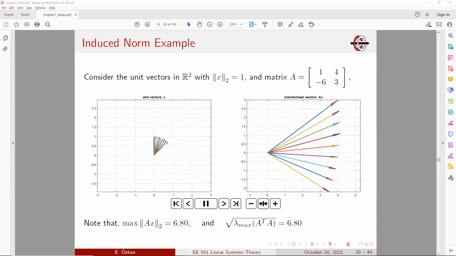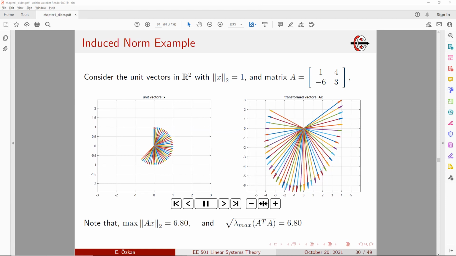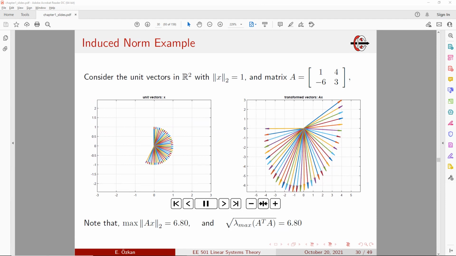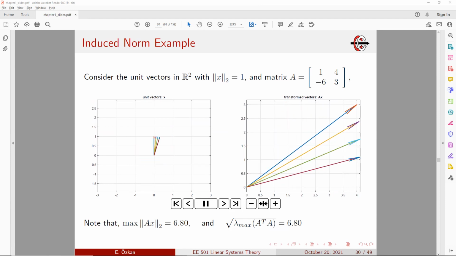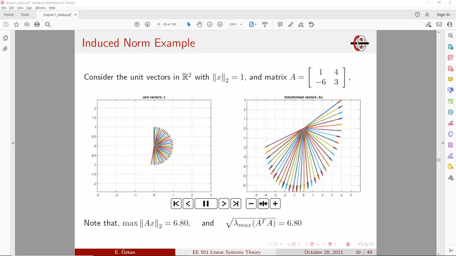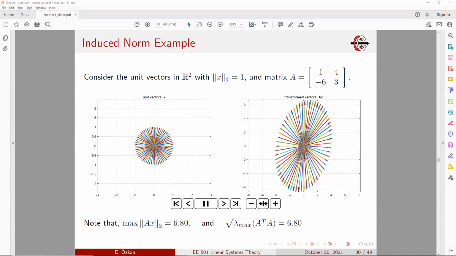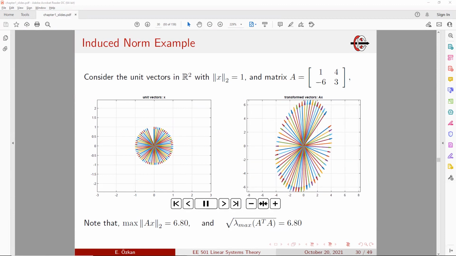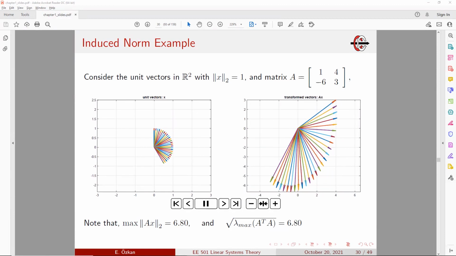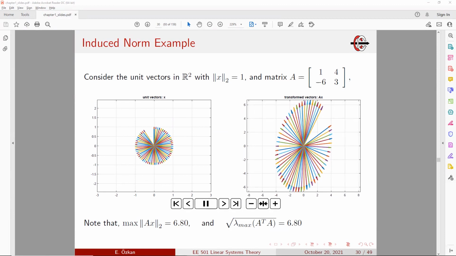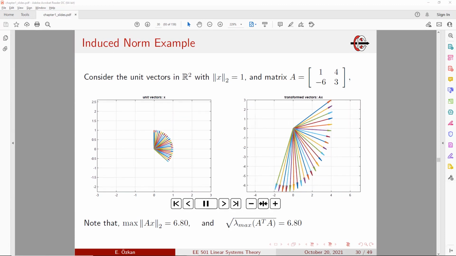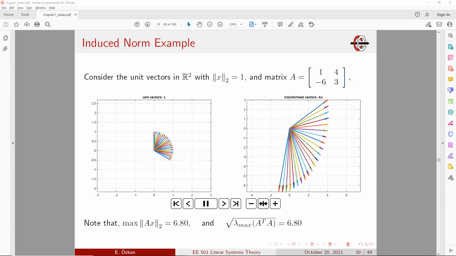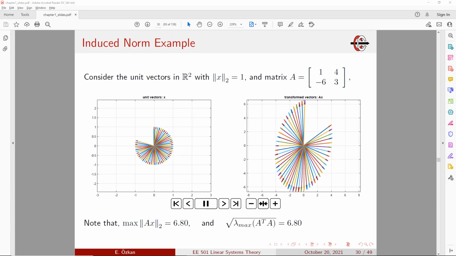In this example, I will consider all the unit vectors in R square, and this unit sphere can be defined in different ways. If that was an L2 norm that we are choosing, then the unit sphere is going to look like a circle, and we will traverse all possible x values, all these unit vectors. Suppose we are given the A matrix, a 2 by 2 matrix, like this.